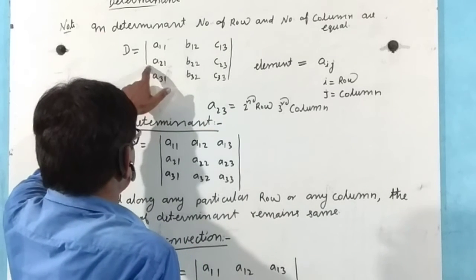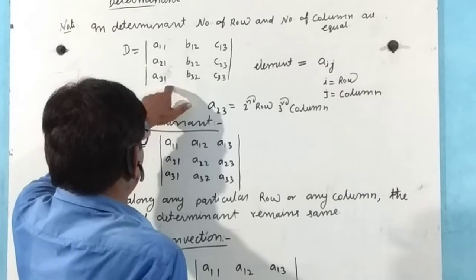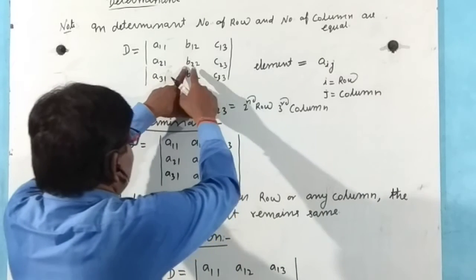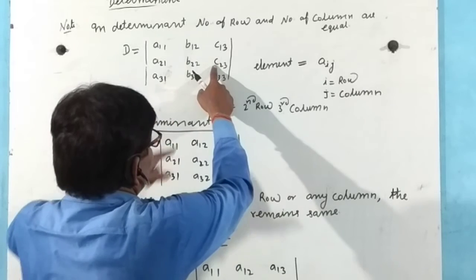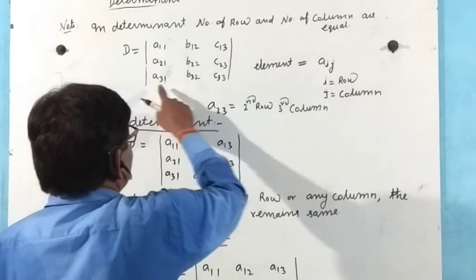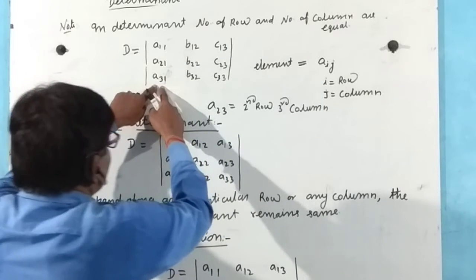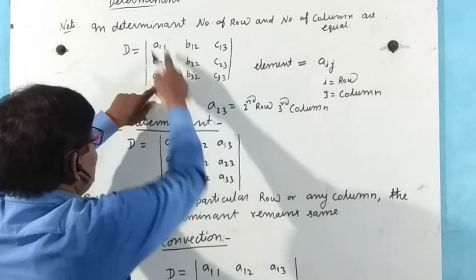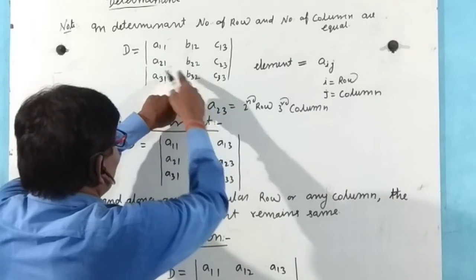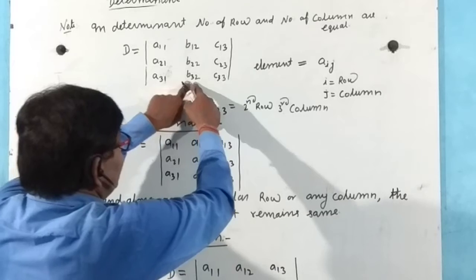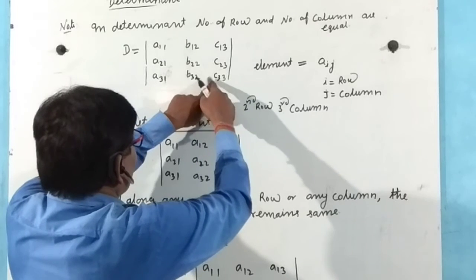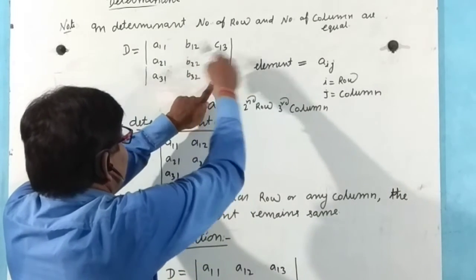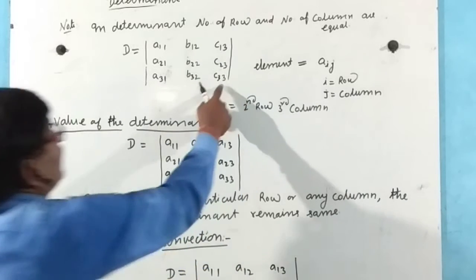This is the second row, first column element; second row, second column element; second row, third column element. Third row, first column element; third row, second column element; and this is the third row, third column element, C33.